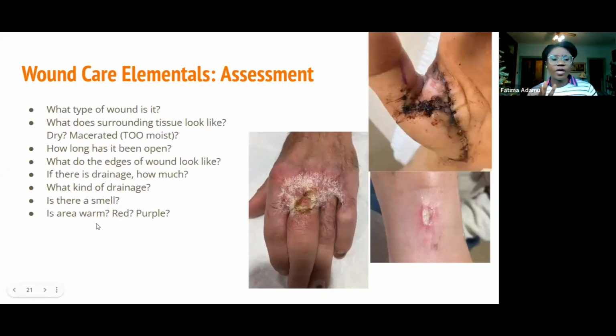Is the area warm, red, purple? Purple would be somebody who's my skin tone. I'm fairly dark. What might look like redness on somebody who's light would look more purple or dark brown on somebody who's my shade. So thinking also about the skin color of the patient can be helpful with assessing the area.